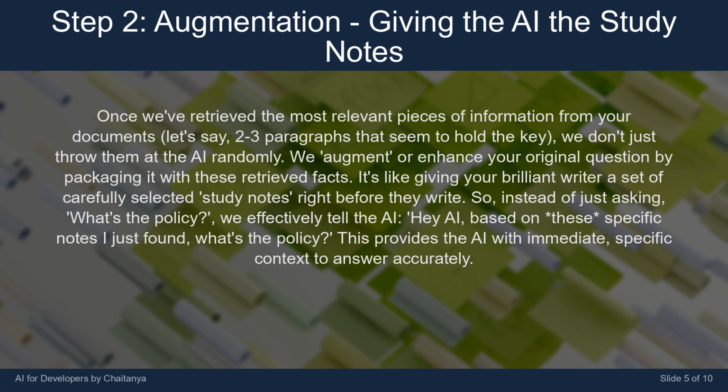So, instead of just asking, "What's the policy?" we effectively tell the AI, "Hey AI, based on these specific notes I just found, what's the policy?" This provides the AI with immediate, specific context to answer accurately.